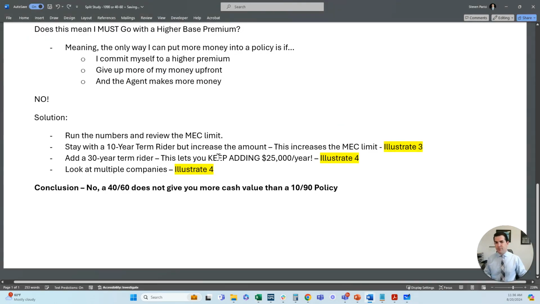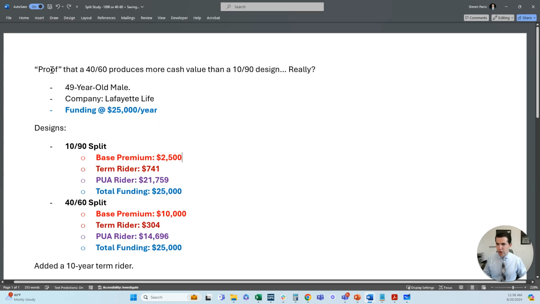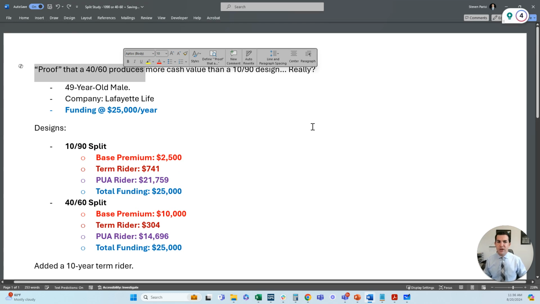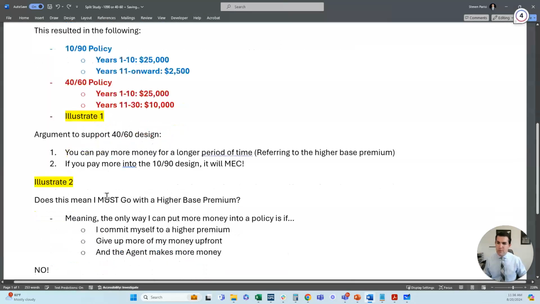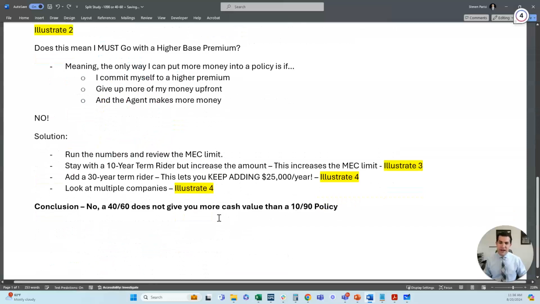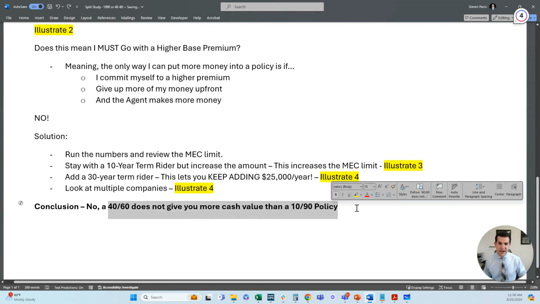The conclusion to the argument we heard around proof that a 4060 produces more cash value than a 1090 design. Does it really? No, I have not seen that happen. I have yet to see an actual case where a 4060 gives more cash value than a 1090.